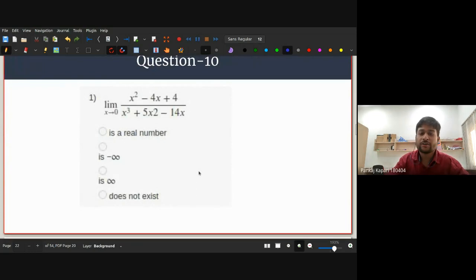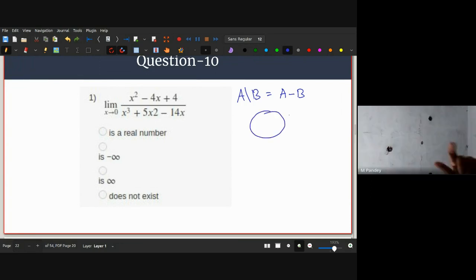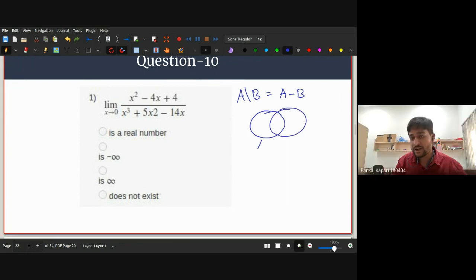Okay, so this is just a set notation. When we write this a minus b, we are removing a part of the set. Not negation, it is just minus. In the Venn diagram, you can understand it like that.